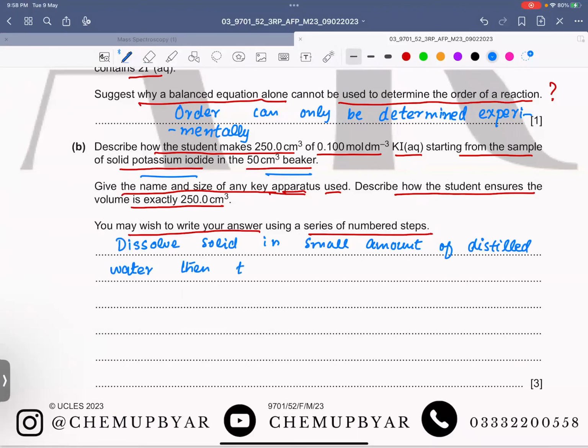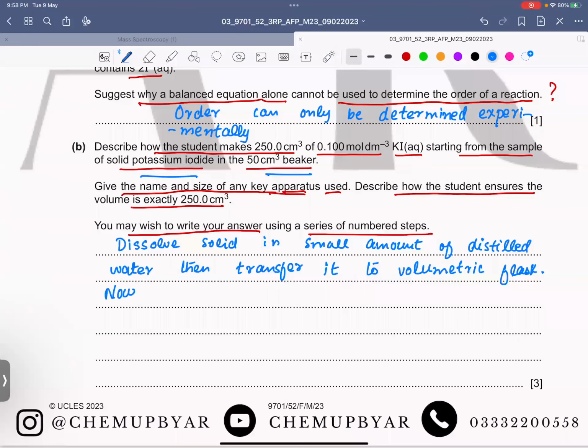Then transfer it to the volumetric flask.